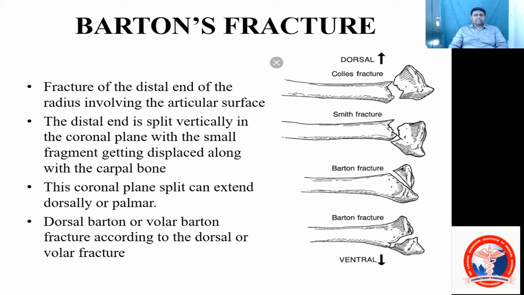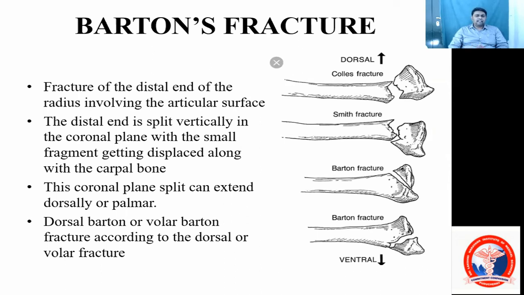In Barton fracture, the fracture line starts from the articular surface and exits dorsally or volar. Whenever the fracture line exits dorsally, it is called a dorsal Barton fracture.